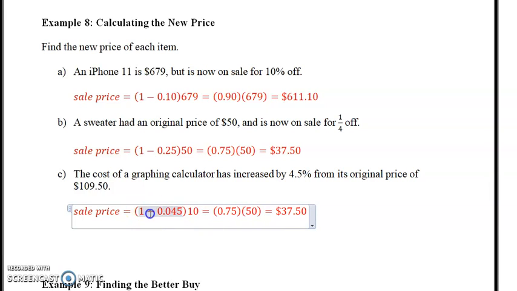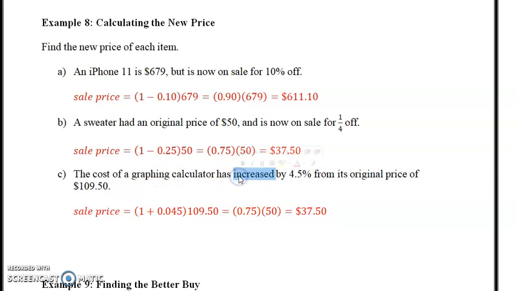Oh, this is an increase in price. All right, so it's going to be addition this time, right? So we add the 4.5% to the 109.50. All right, I just caught that, right? So you've got to go back and read your question to make sure. Something you can do quickly. So it's increased. So then I just put the new price is going to equal 1 plus, right?